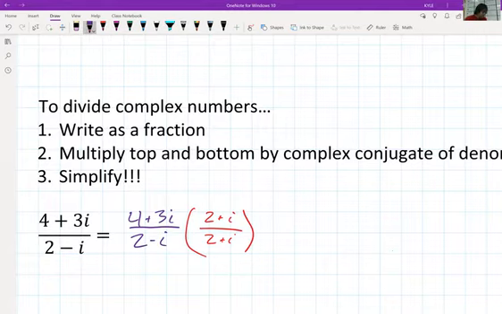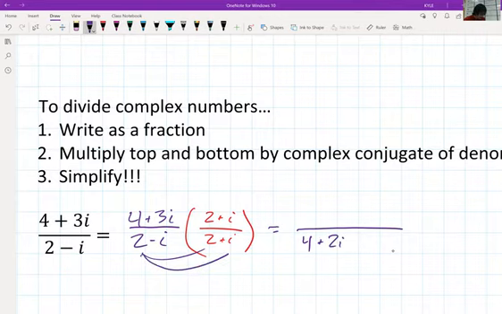And then here's what I like to do. Especially when we're starting out, I want to just simplify the bottom, just simplify the denominator. So let's FOIL it out. This is more like multiplying practice. 2 times 2 is 4, plus 2i, minus 2i, minus i squared.